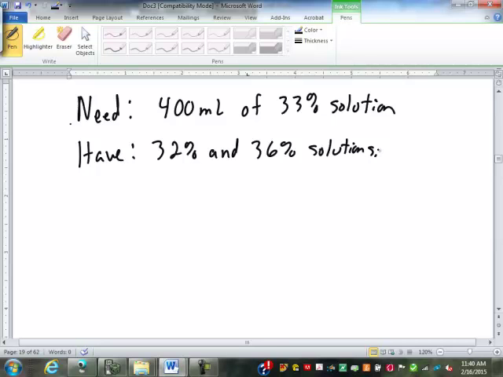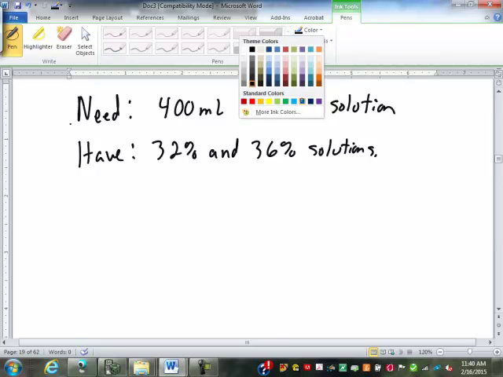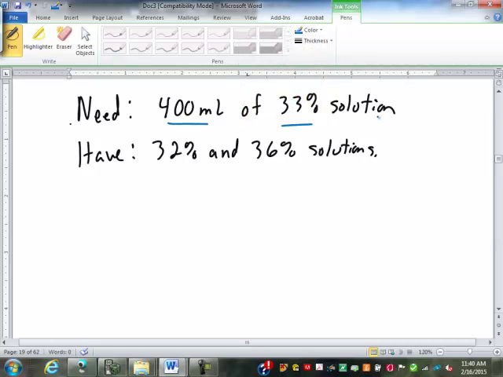And we need to figure out how much of each we need to get that 400 milliliters of 33%. There are two different ways we could approach this. The first one, of course, was just to list out our ingredients here.